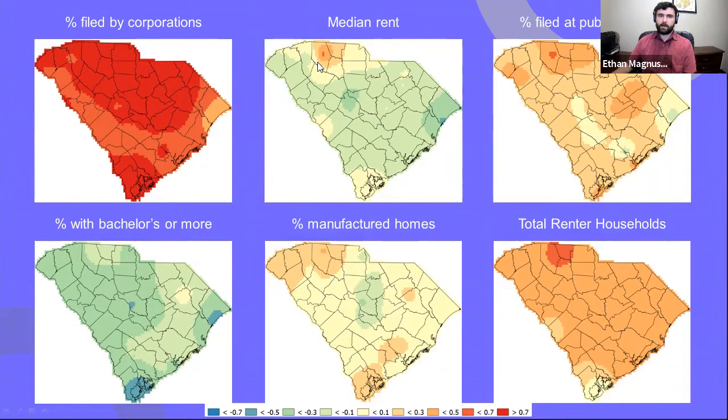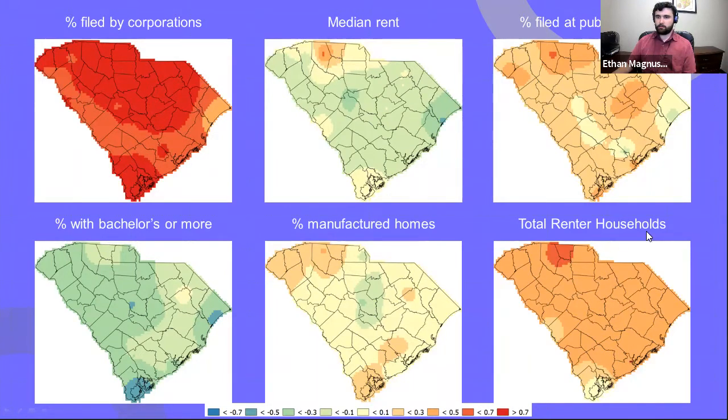For example, in the second map there of median rent, you can see how in most of the state, areas with higher median rents have a lower number of eviction filings. But in Spartanburg County and the surroundings, it actually has a positive effect, which means that there's a different dynamic going on in that area of the state than elsewhere.